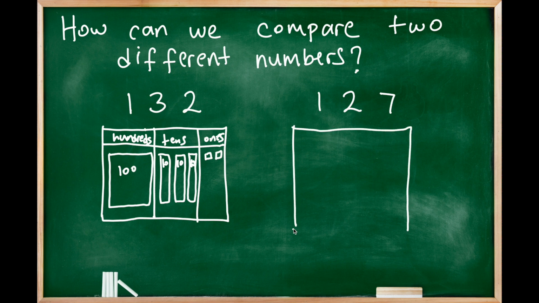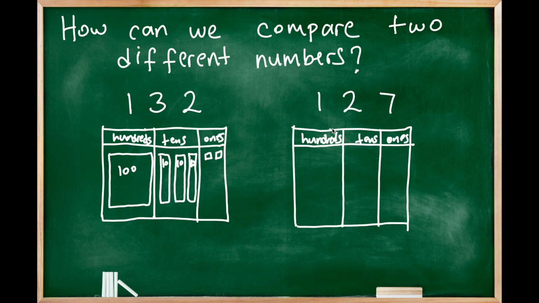I will make the same base 10 block table for 127. So we have ones place, tens place, and hundreds place. We have 100, so I will use only one 100 flat.